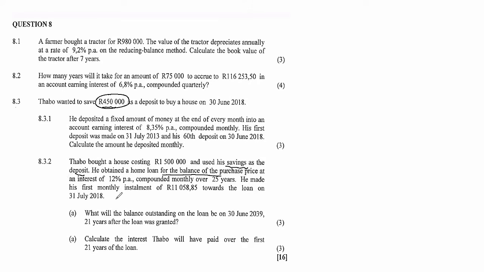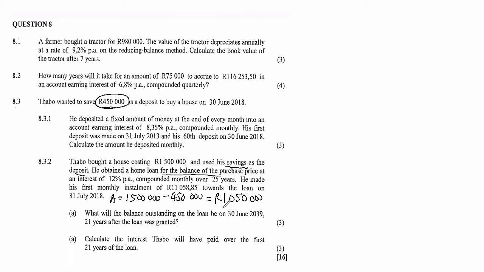Now, if we wanted to find the value of what he obtains from the bank, the home loan is 1,500,000 minus 450,000, because remember, he's able to pay for that using his savings, right? So the value of the loan, or the home loan, is 1,050,000, right?